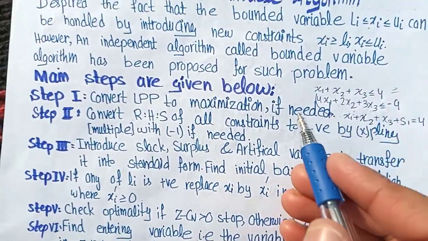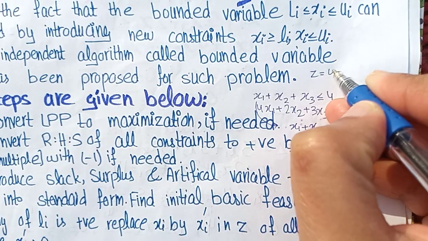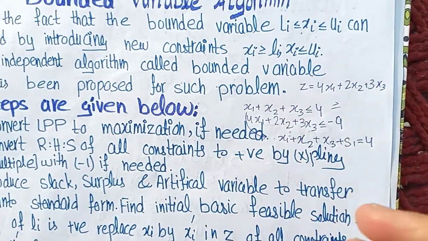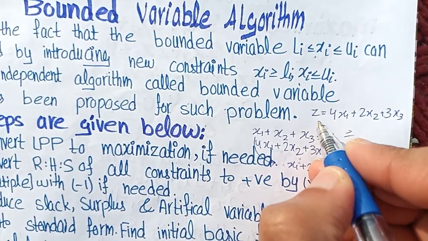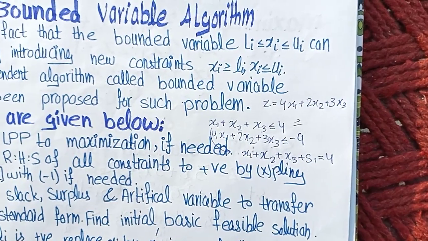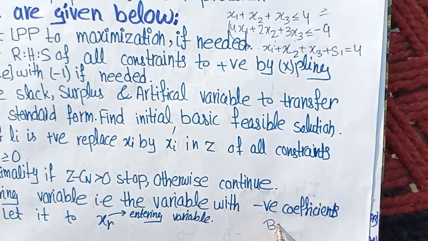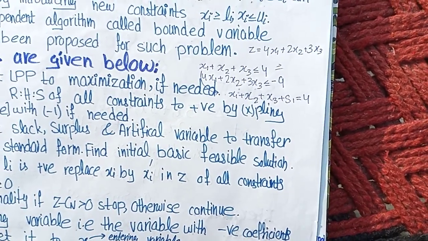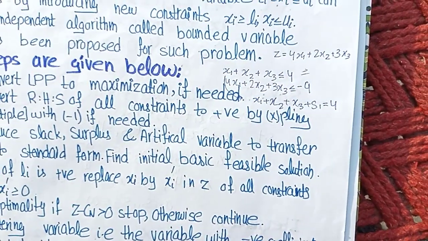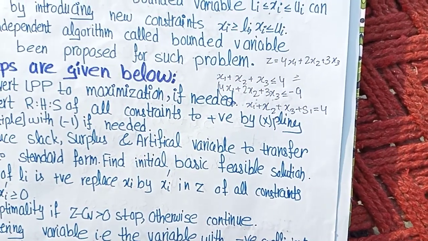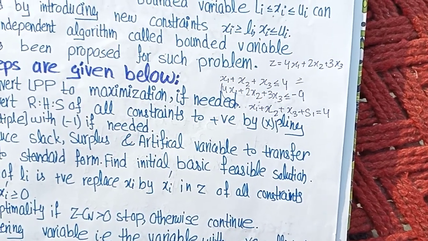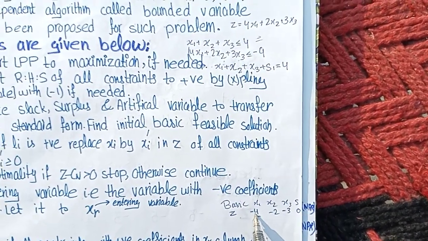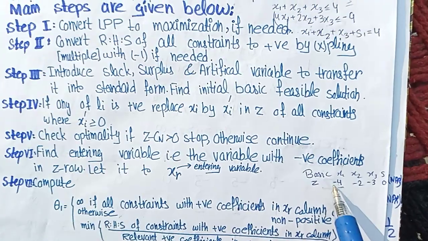For example, we have a function z equals 4x1 plus 2x2 plus 3x3. You make its table, with basics x1, x2, x3 and solution. The z row is -4, -2, -3, okay, and here 0. So the most negative coefficient is x1, so x1 is the entering variable.